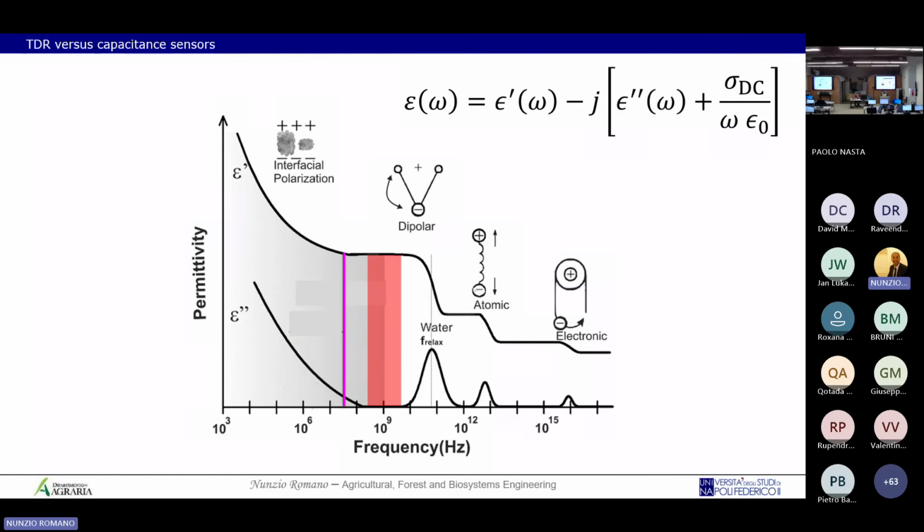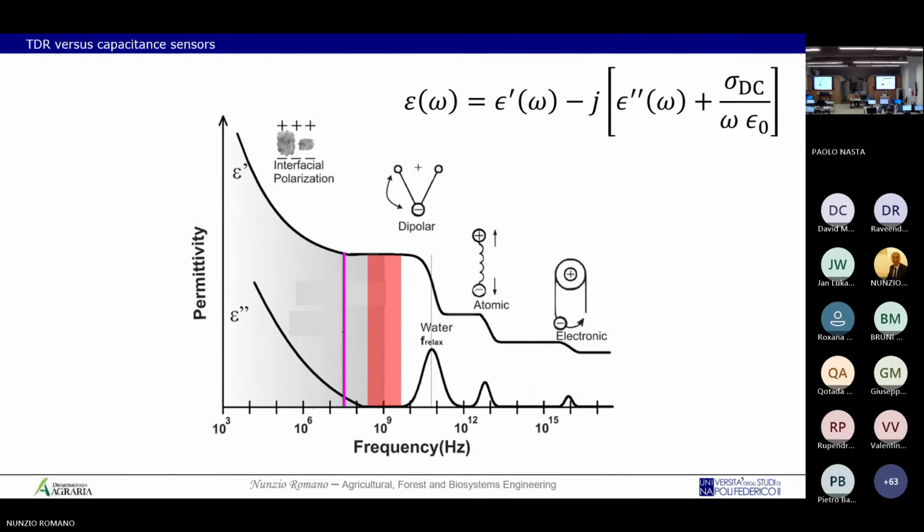I remind you, the real component is linked more to the resistance of the system, the resistivity, and the imaginary component is linked more to the capacitance, the capacity of the system to store the electrical field.